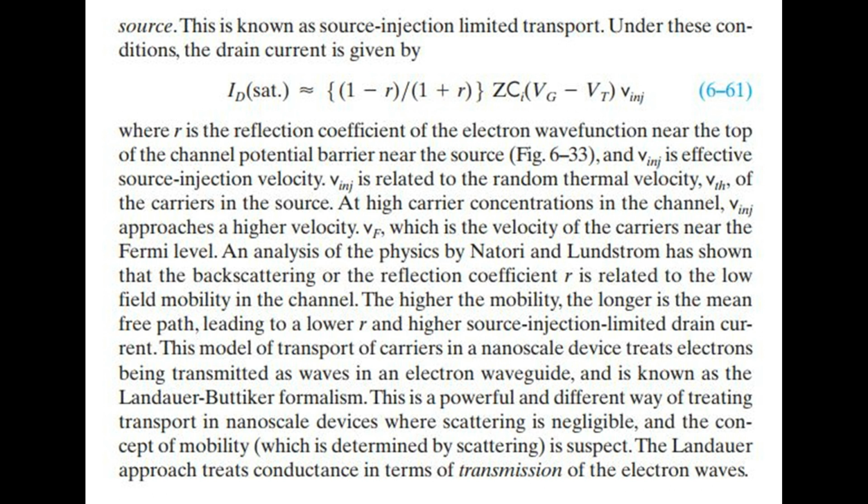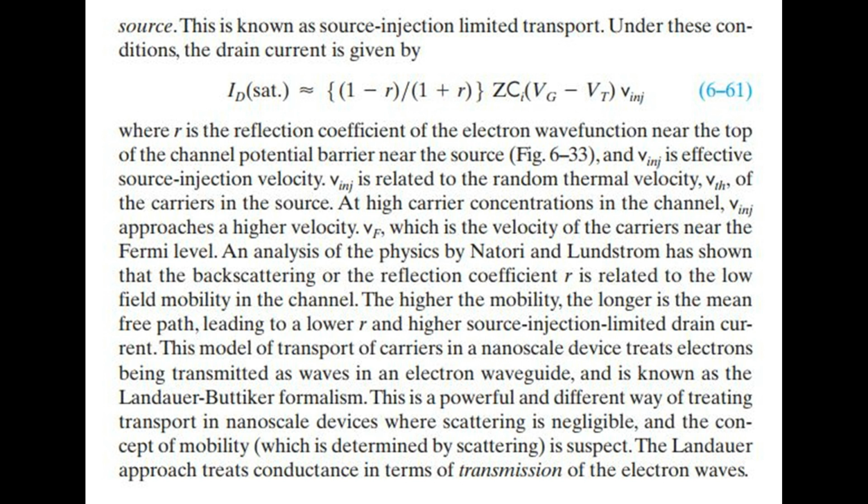At high carrier concentrations in the channel, Vj approaches a higher velocity, Vf, which is the velocity of the carriers near the Fermi level. An analysis of the physics by Natori and Lundstrom has shown that the backscattering or reflection coefficient R is related to the low field mobility in the channel. The higher the mobility, the longer is the mean free path, leading to a lower R and higher source injection limited drain current.